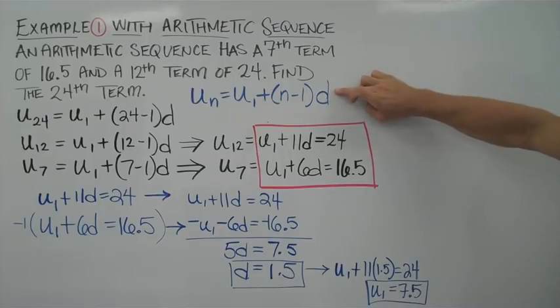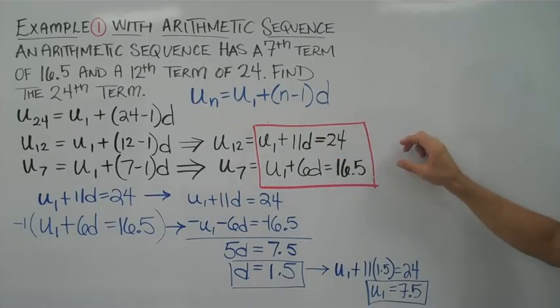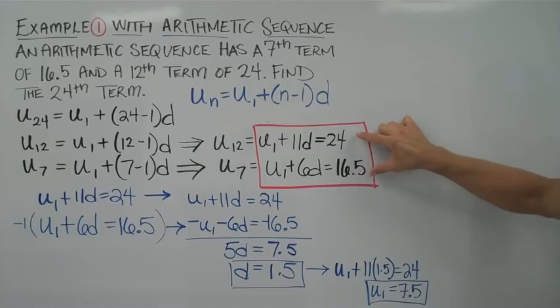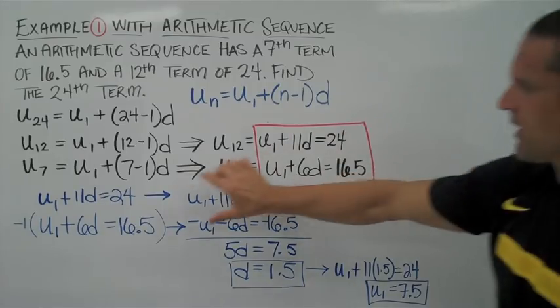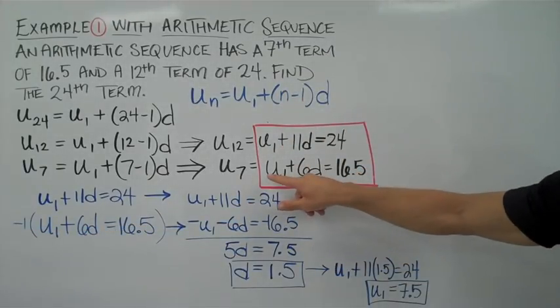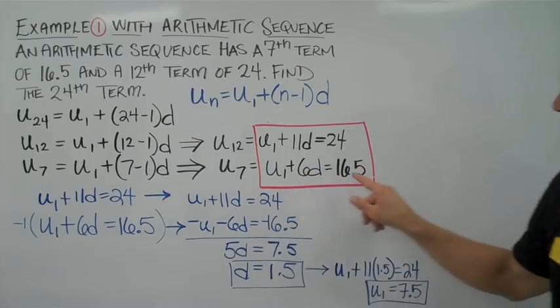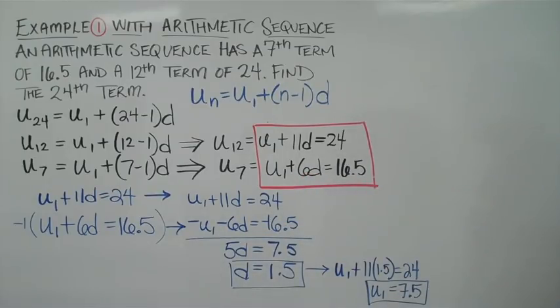So using this formula, I get these 2 equations. It's 2 equations and 2 variables. We can solve this linear system very easily by setting one over the other. I multiplied this second one by negative 1 to give us negative U1 here, negative 6d here, and negative 16.5 here. Why did I do that? Because I wanted to cancel out my first terms.